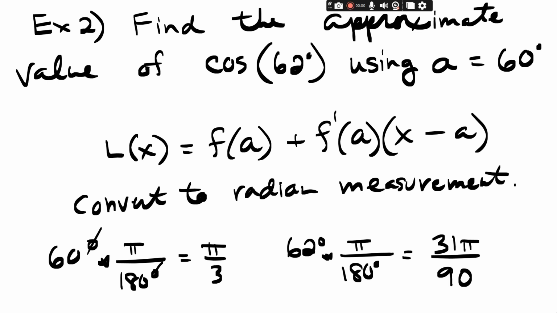So 60 degrees, same thing as pi over 3. Can you guys change this equation to be specific to this problem? So all the A's turn into pi over 3. How about that? I'll let you guys do that first. Go ahead, see how you guys are doing.